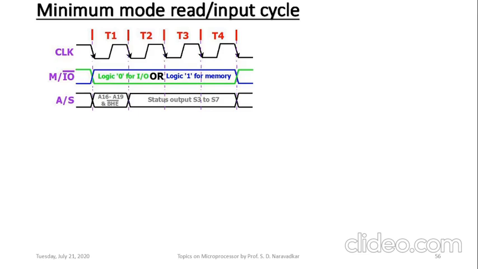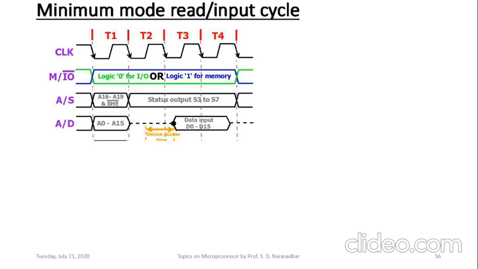Whereas if you go for the next multiplexed signal here, which is address data, that is a 16-bit multiplexed address data bus, where during T1 state only the address part will be output, A0 to A15, and then the processor prepares itself for receiving data, reading data or inputting data. That's why on that address data line you will find in that particular timing cycle some dotted horizontal lines, and then the data input D0 to D15 during T3 and T4 state.